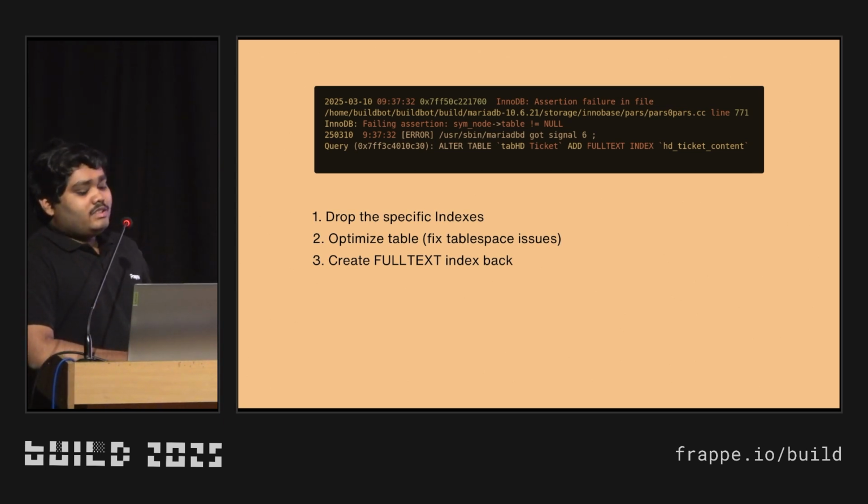So the option was to drop the index, and then call optimize table. If you call optimize table, it will sync all the data back. In case your InnoDB table is corrupted, it will still be able to repair the InnoDB tables, and also fix all of your indexes if they are crashed as well.